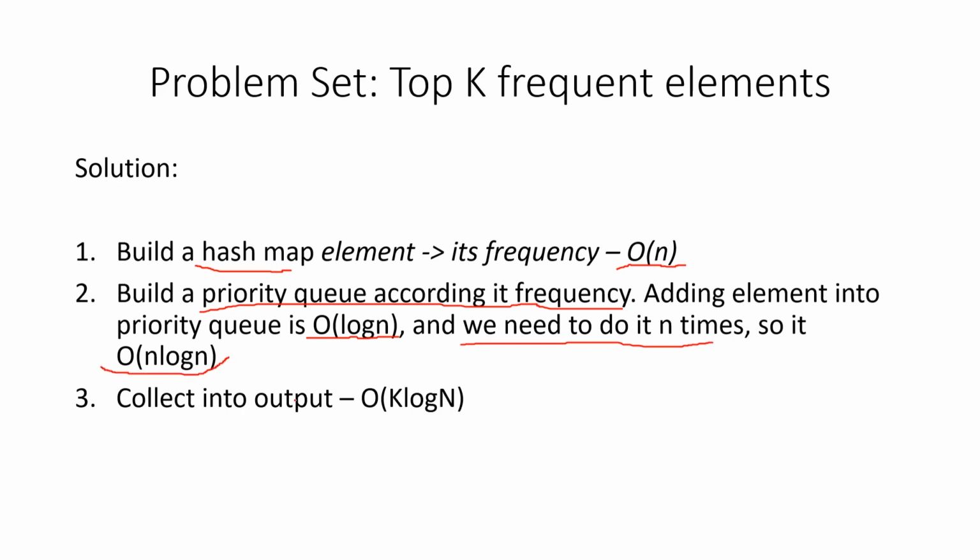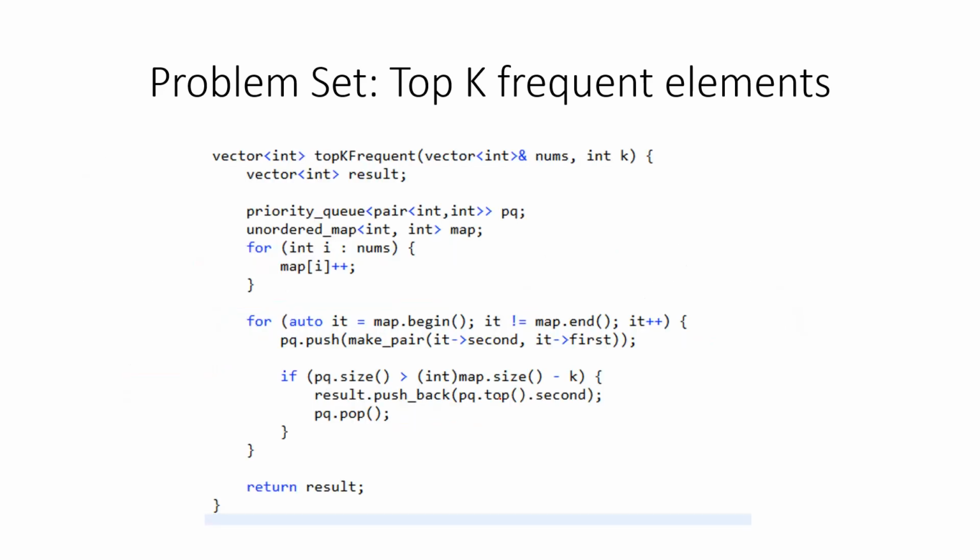Then we need to collect k elements from the top of our priority queue, and it also takes k log n time complexity. If you remember, removing an element from the priority queue built on the binary heap takes log n, and we repeat it k times. So the overall time complexity is n log n.